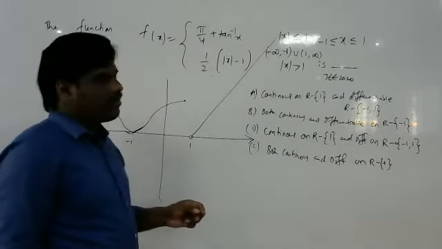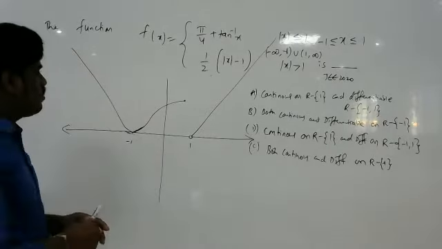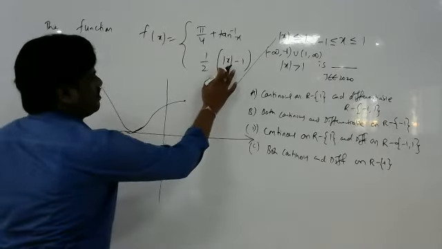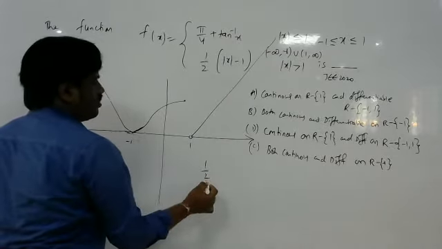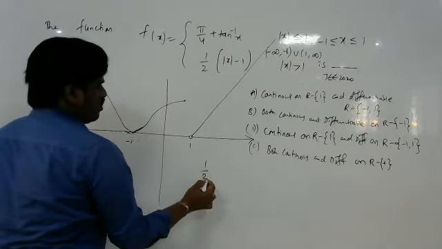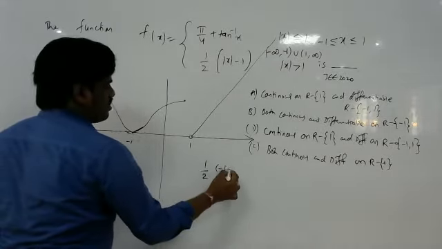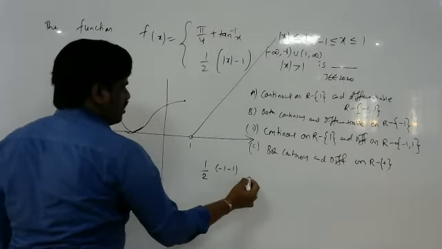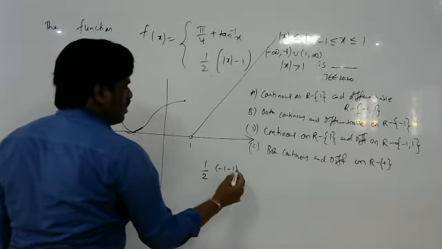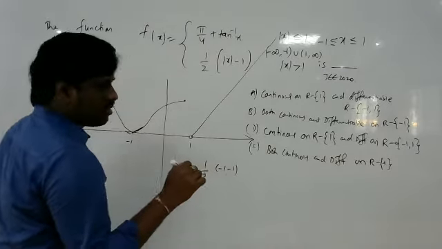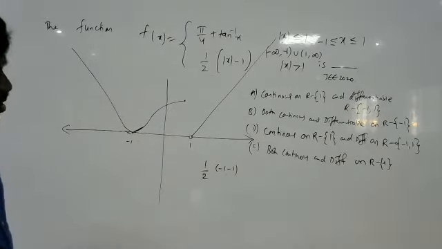Now see here, this is the graph you got. Suppose I substitute minus 1 in this, what do I get? 1 by 2 into modulus of minus 1 minus 1.